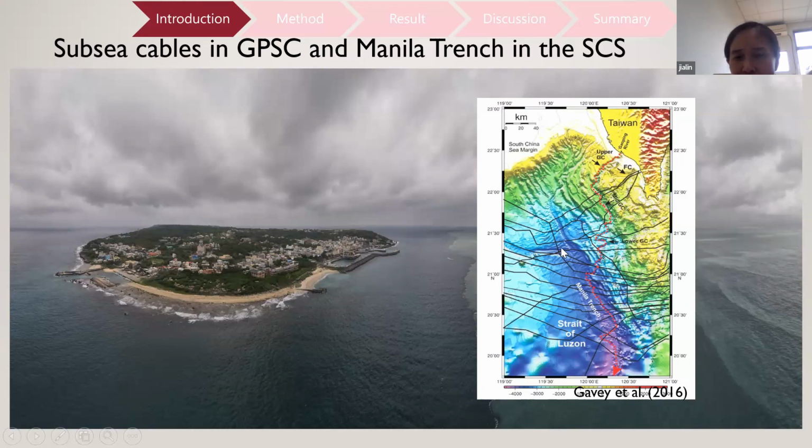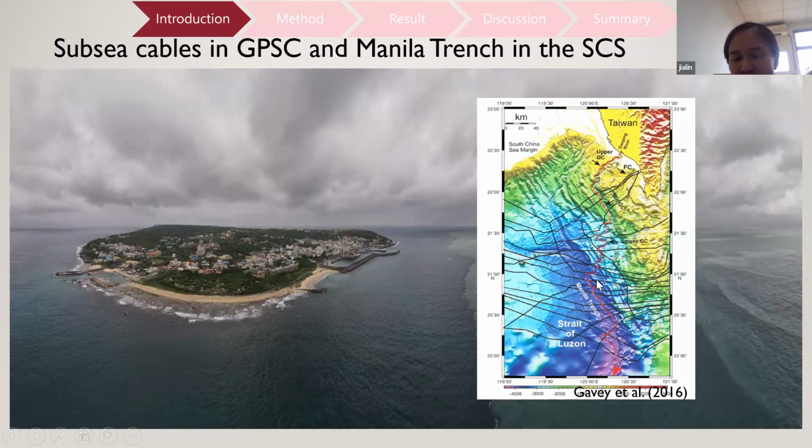Those black lines are subsea cables, and some of them actually go across the Gaoping submarine canyon. Those red dots show the deeper region of the subsea canyon. The deepest part can go down to 2,000 or 3,000 meters, but there's no way to avoid it, so some of the subsea cables actually come close to those canyons.